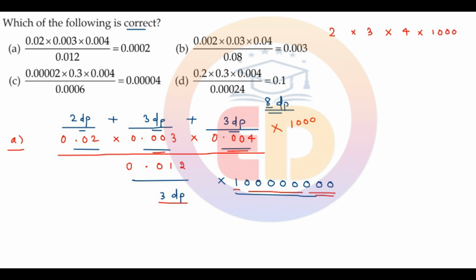Now let's come to the denominator. Without the decimal point, the denominator 0.012 हो जाएगा 12. और क्योंकि हमने न्यूमरेटर के डेसिमल प्लेसेस हटाए हैं, so denominator will be multiplied by after 1, 8 zeros.